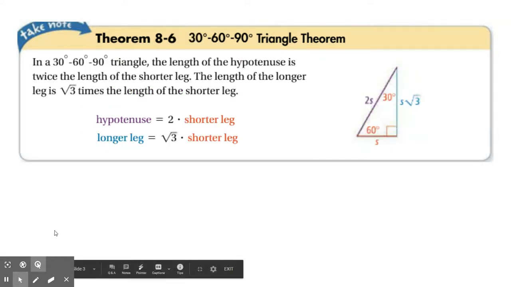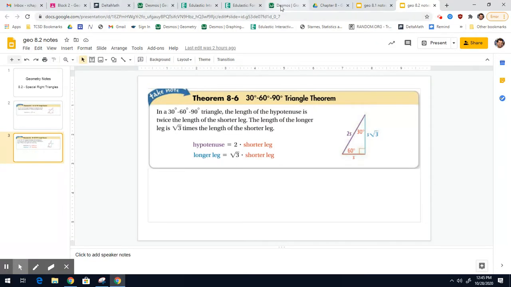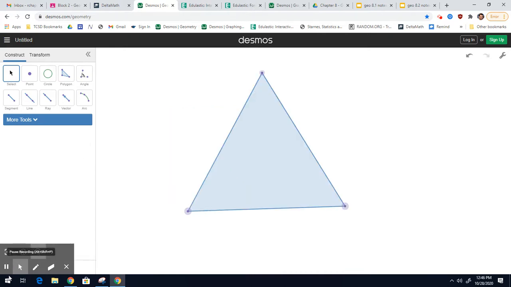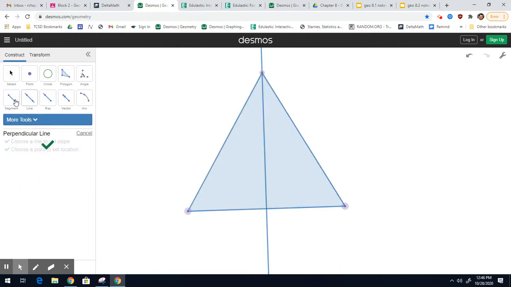The other one is called a 30, 60, 90 triangle. Again, we'll go back to Desmos geometry to make this happen. A 30, 60, 90 can be built from an equilateral triangle. So let me make an equilateral triangle real fast, and then I'll come back. Okay, so here's our equilateral triangle. If you draw a segment from the top, perpendicular to this side, straight down, and I'm now going to hide this line, I have just created a 30, 60, 90 triangle.